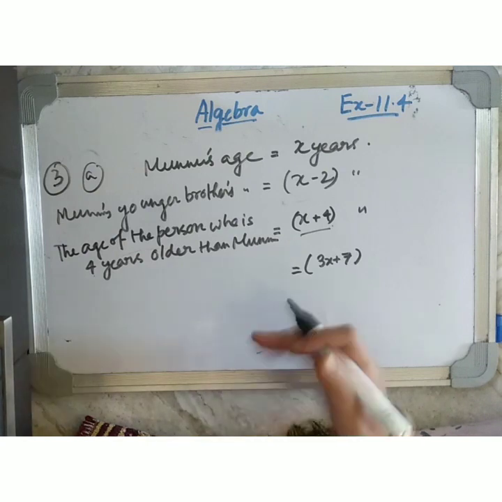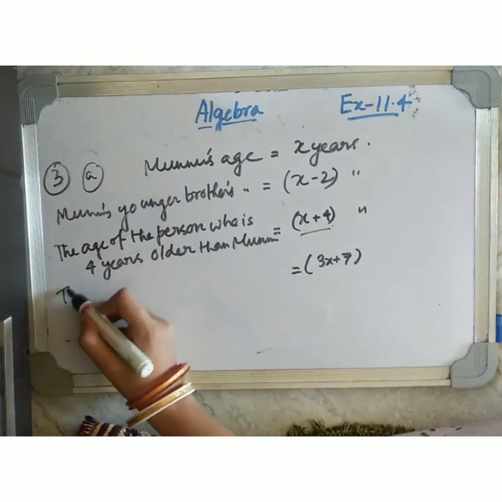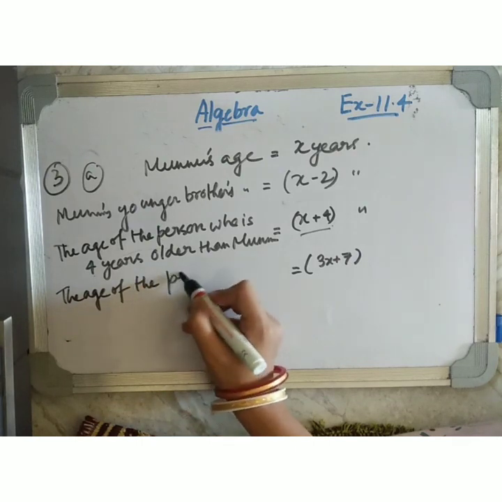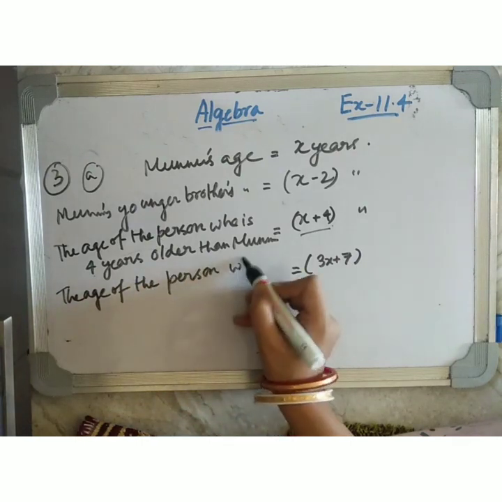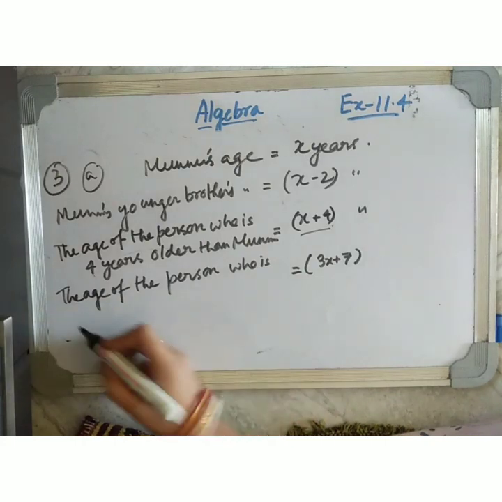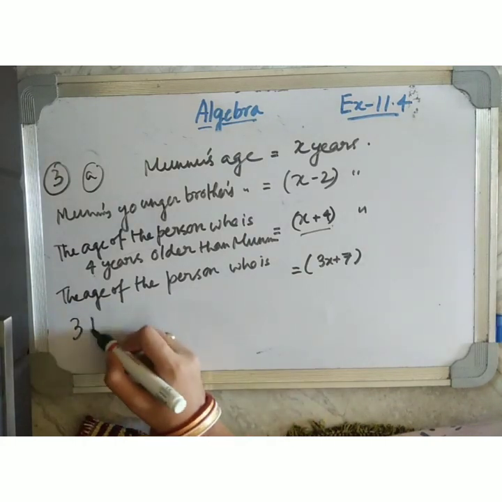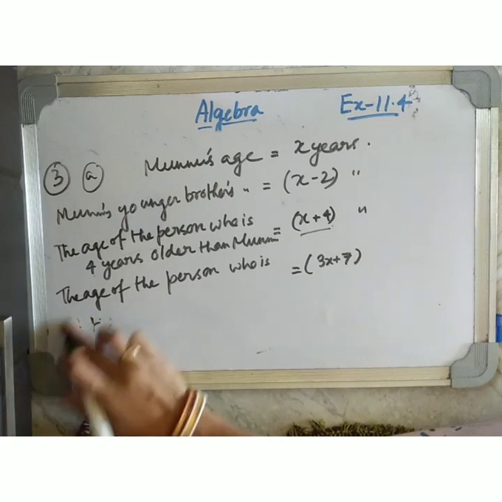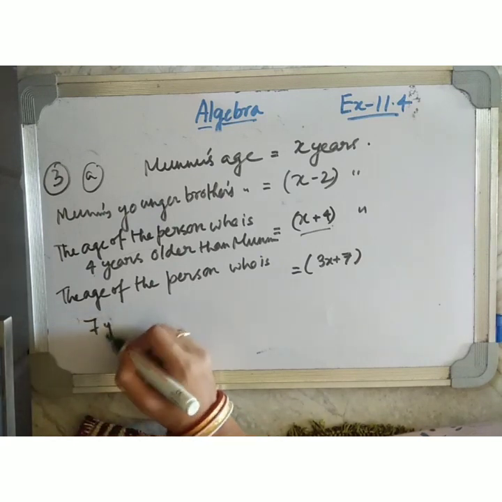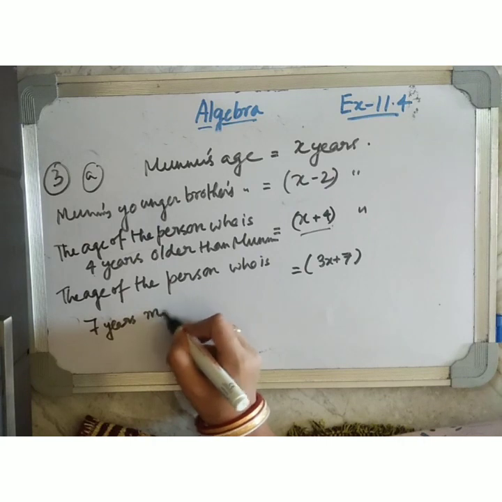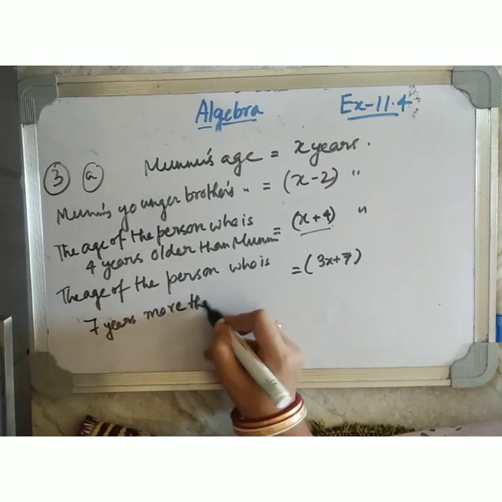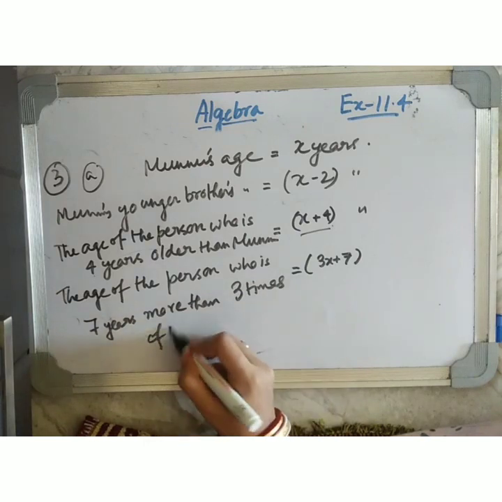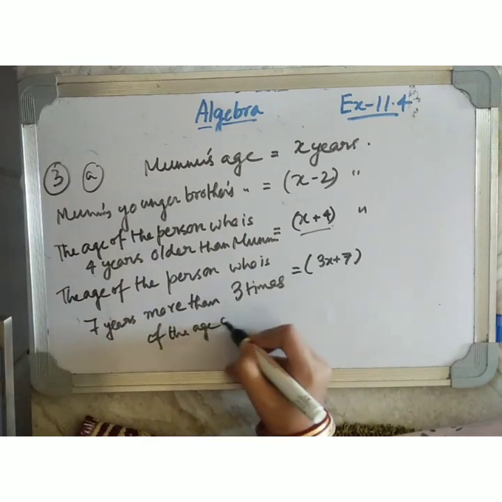And for this one, this is also the age of the person who is older than Munnu, and by how much? The age of the person who is 7 years more than 3 times the age of Munnu.